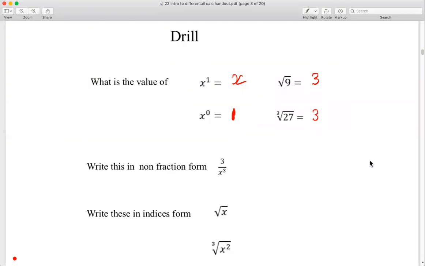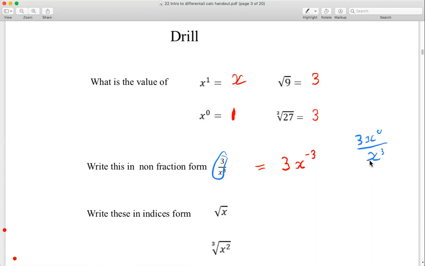What we can do is keep the 3, bring the x up and change the sign of the index. Where that comes from is we could write this as 3x to the 0 over x to the 3.